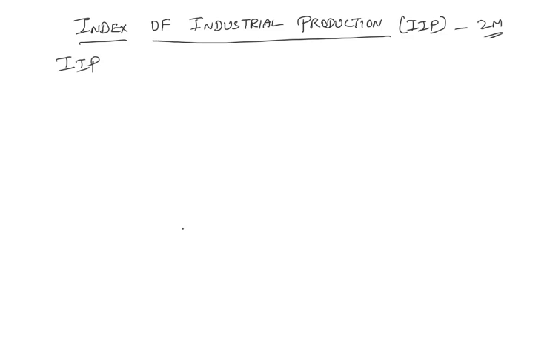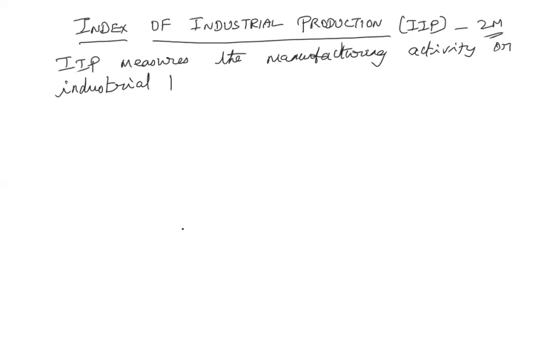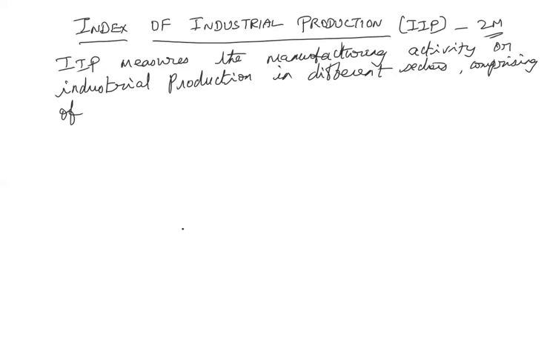IIP, that is the index of industrial production, measures the manufacturing activity or industrial production in different sectors, comprising these 3 main industries: mining, manufacturing, and electricity.